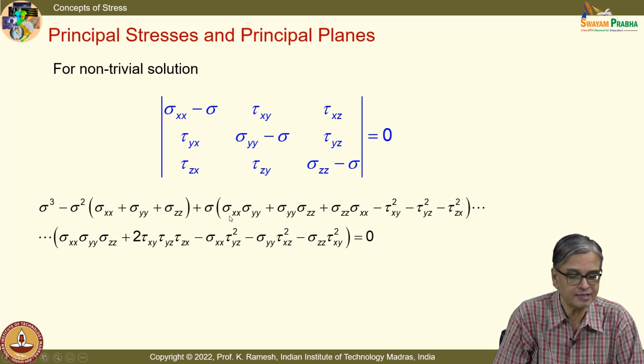I have sigma x sigma y plus sigma y sigma z plus sigma z sigma x minus tau squared xy minus tau squared yz minus tau squared zx, and then you have I3 as sigma x sigma y sigma z plus 2 tau xy tau yz tau zx minus sigma x tau squared yz minus sigma y tau squared xz minus sigma z tau squared xy equal to 0.